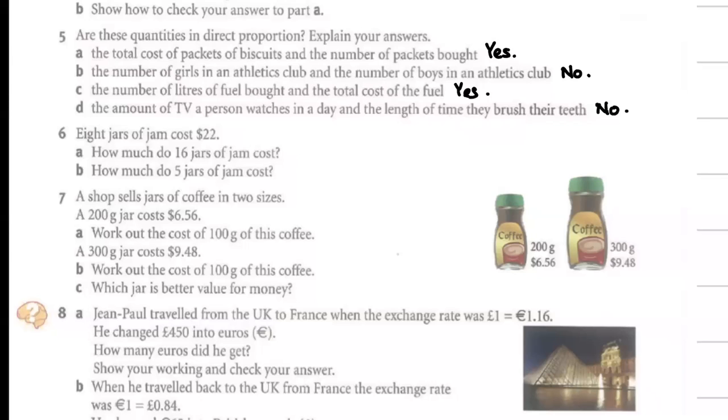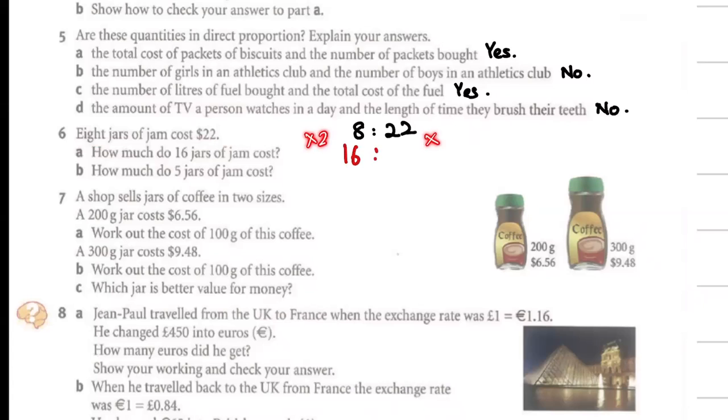We continue with number 6A. How much do 16 jars of jam cost when 8 jars of jam cost $22? So 8 jars is 22, so you can actually write the ratio. 8 jars is 22. So 16 jars would be times 2, times 2.